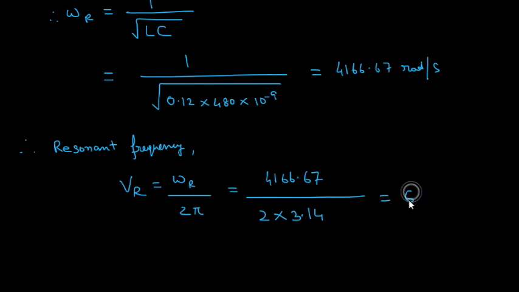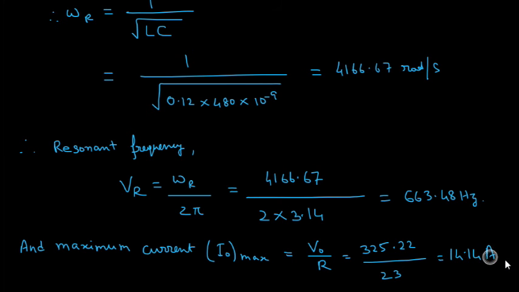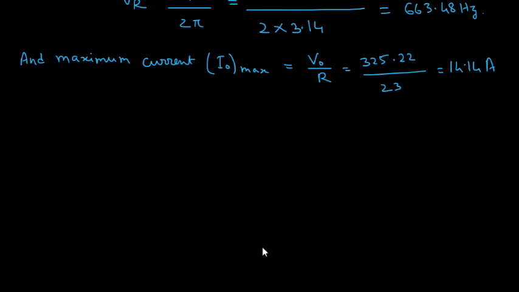Upon solving, we get 663.48 Hertz. And maximum current I naught max is equal to V naught upon R, which is 325.22 upon 23, which is equal to 14.14 ampere.